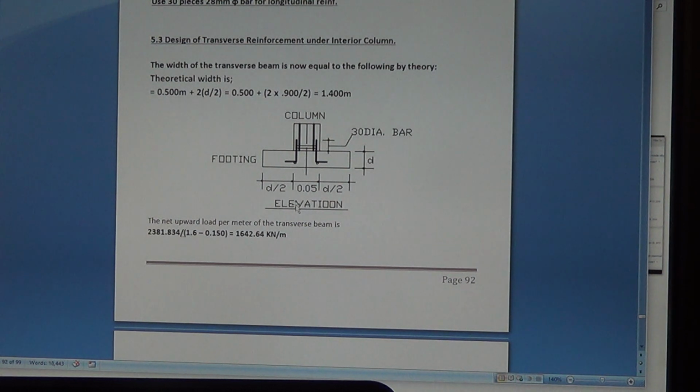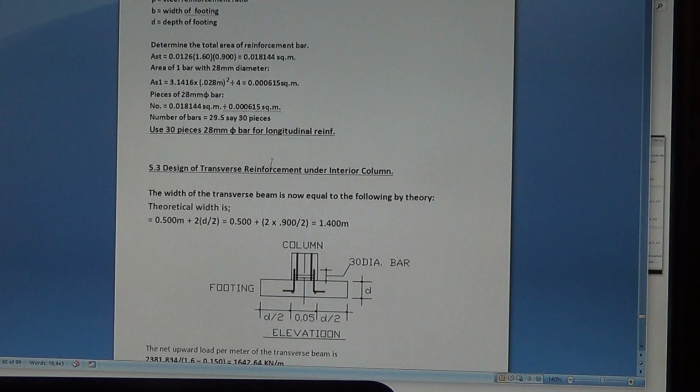Okay, this part here is how to calculate the transverse reinforcement space to be in the foundation. This is the theoretical width of the transverse reinforcement to be laid out. That is the space where the transverse reinforcement is to be placed.